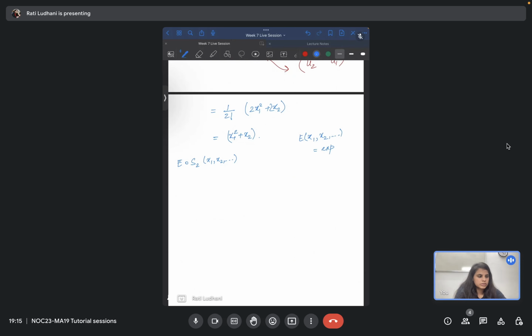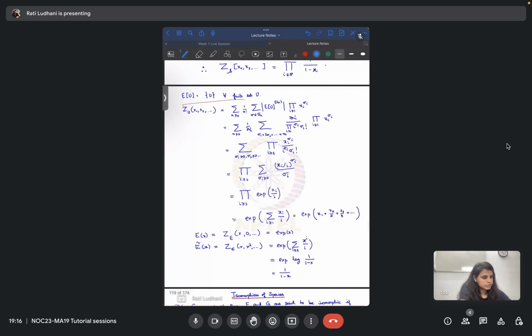E of x1, x2 is what? We'll just get exponential of x1, right? So, ma'am, x1 plus x2 leads to... You're saying exponential of x1 plus x2 by 2.